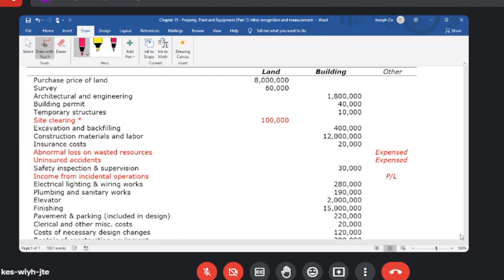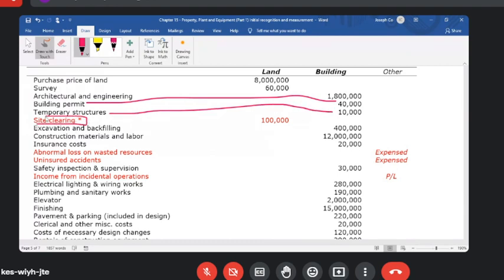Architectural and engineering, building. Building permit, building. Temporary structure, building. Yung site clearing, land. Excavation and backfilling, no? Or piling, no? Building. Construction material and labor, building.